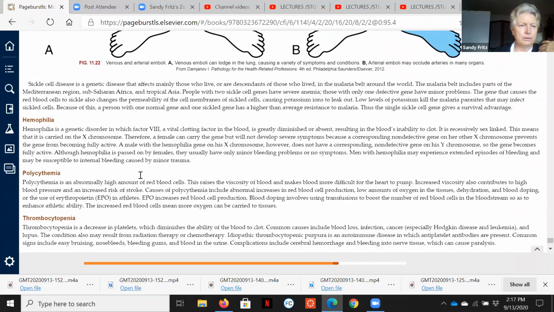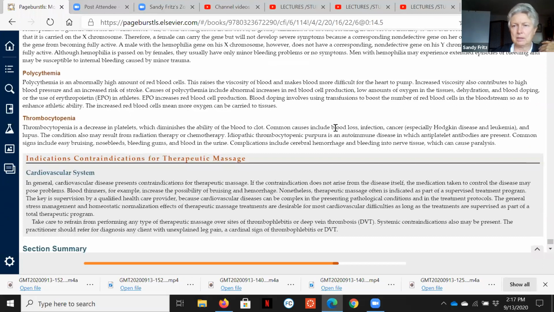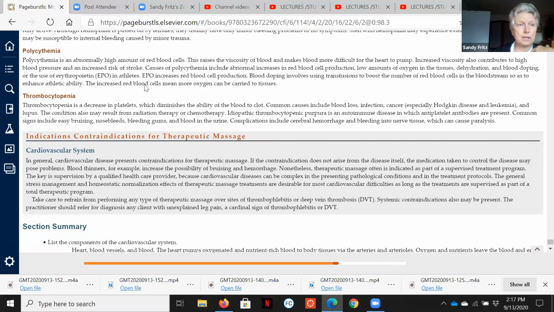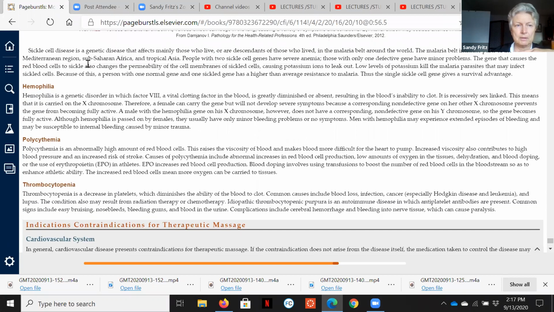So these are some other blood disorders that you'll want to have some working knowledge around, because it may influence the type of pressure you use with a client, especially if it's interfering with clotting. There can be medications that also can interfere with clotting. So we don't want to move a clot, but clotting is important. If something is altering the ability to clot, then we could have hemorrhage or excessive bleeding.